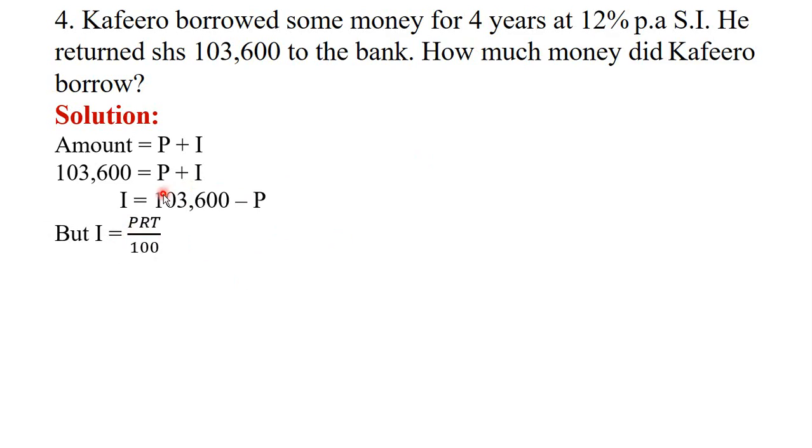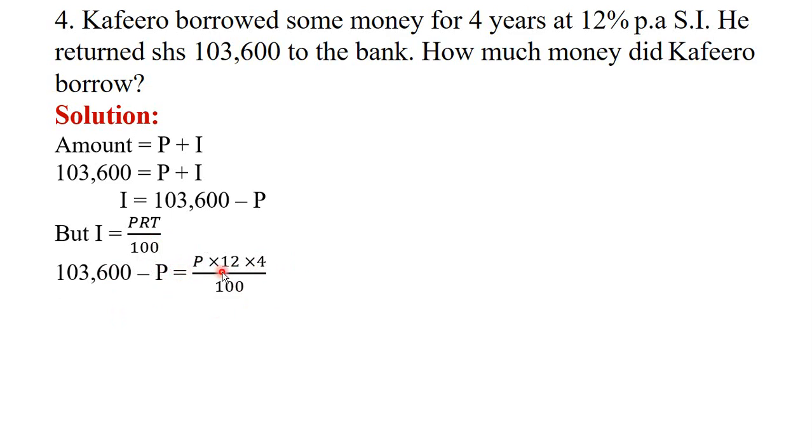So if I put I as 103,600 minus P, we shall have 103,600 minus P is going to be P times 12 times 4 divided by 100.